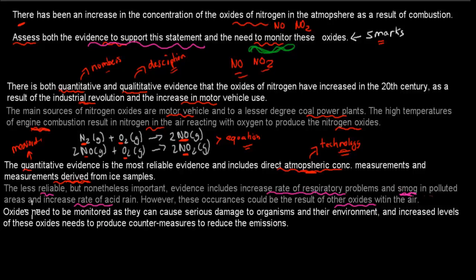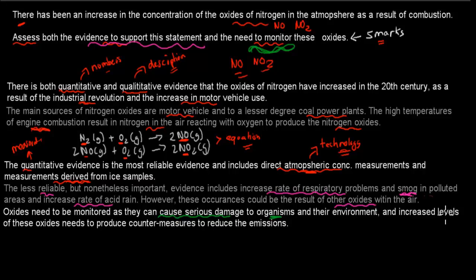So what I wrote is oxides need to be monitored as they can cause serious damage to organisms, as in any living thing, and their environment. And increased levels of these oxides need to result in a countermeasure. I don't know what I wrote here.